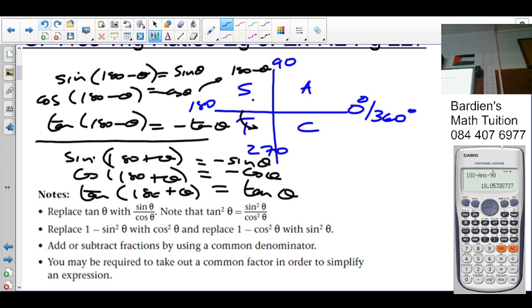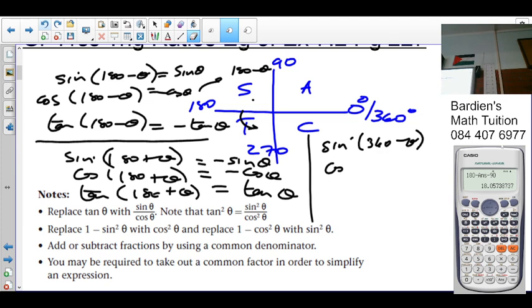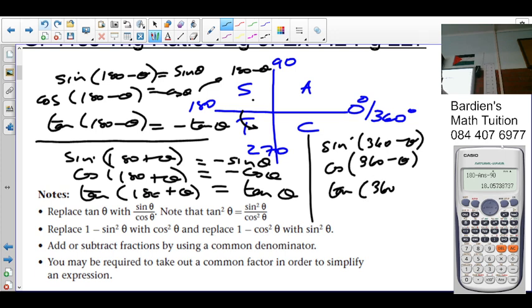We also spoke about and proved the following: sine of 360 minus theta, cos of 360 minus theta, and tan of 360 minus theta. So 360 minus theta takes you to quadrant 4. Remember that's quadrant 1, 2, 3 and 4.